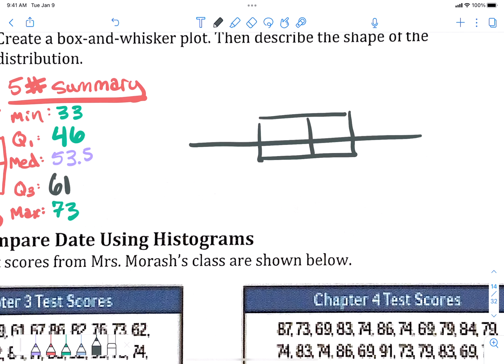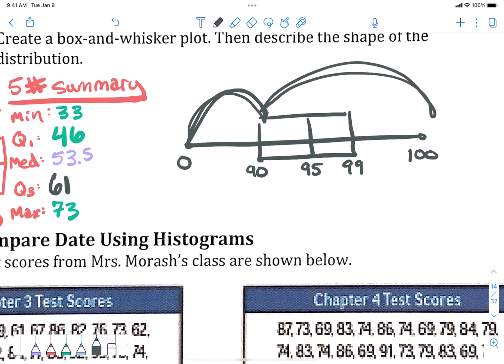I'll have people say this is 0 and 90 and 95 and 99 and 100, and it drives me bananas. I literally have had people do that before. What's the problem with that? They're not equal sections. This is 90 units long and this is 10 units long.